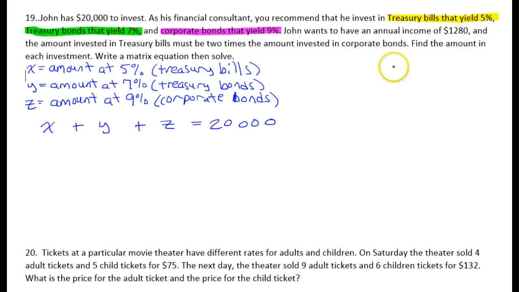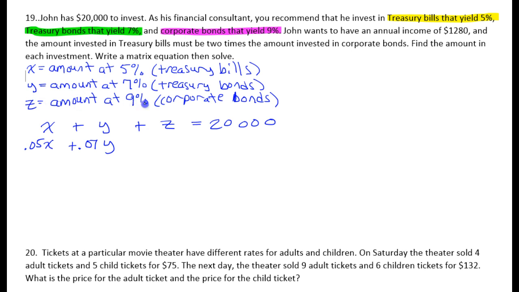So what else? John wants to have an annual income of $1,280. This is interest. So here comes an interest equation. Well, from the treasury bills, at 5%, the interest is going to be 0.05 times the amount of money you have in that account. The interest from the 7% account is going to be 0.07 times the amount of money in that account.